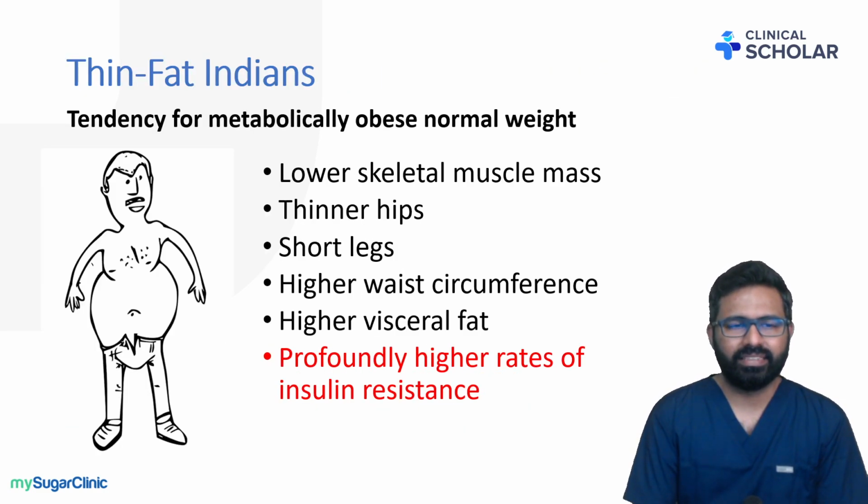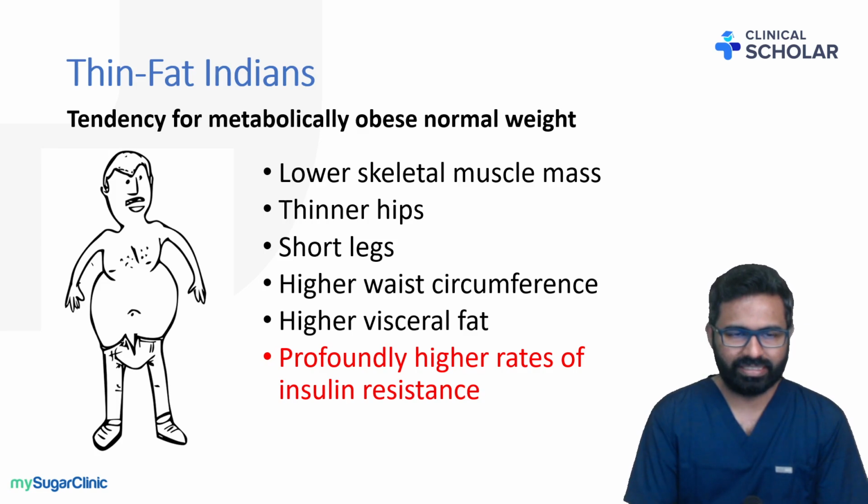This is a classical caricature figure of a thin fat Indian. Here, this Indian has thin and short extremities, lower skeletal muscle mass, but has high central obesity with higher waist circumference and higher visceral fat.